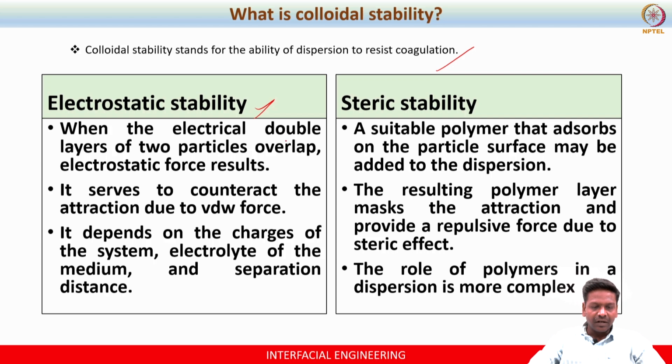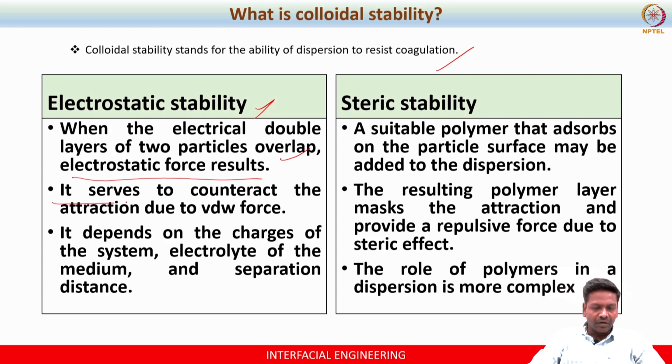So when the electrical double layers of two particles overlap, we are going to look at different double layer models. There you will understand what is known as the electrical double layer overlap, okay, and the electrostatic force results. If it results in an electrostatic repulsive force, it will help us overcome the aggregation and all those aspects, right?